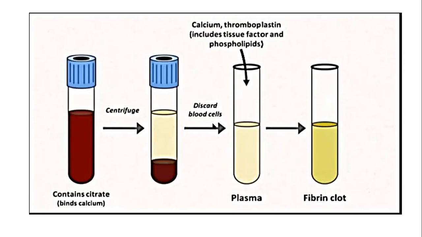We discard the blood cells, your WBCs and red blood cells. We only retrieve the plasma. The plasma will be mixed with calcium and your thromboplastin, and then we observe for the formation of the fibrin clot. The time it takes for the fibrin clot to form is your PT.